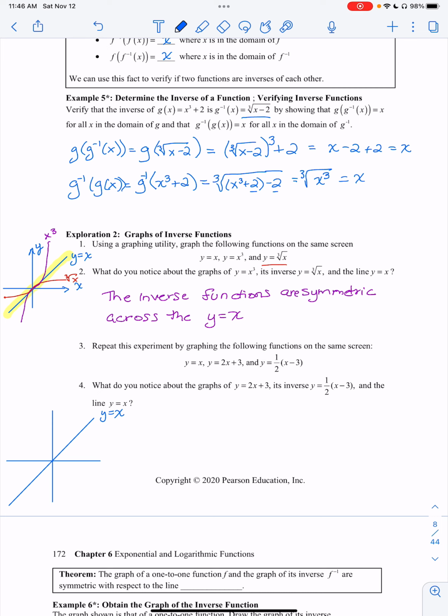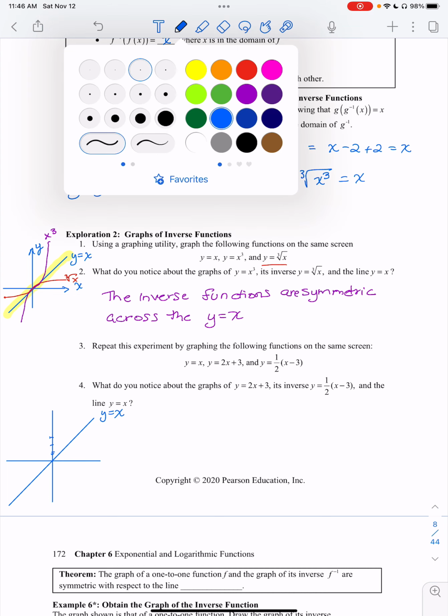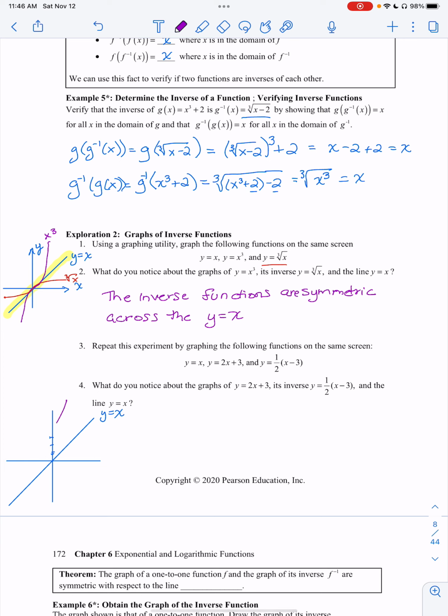And if I have a 2x plus 3 line, that means it's going to cross at a positive 3, and it's got a slope of about 2. So it's got to be kind of like this. And if I look at the opposite, it's got a slope of 1/2.